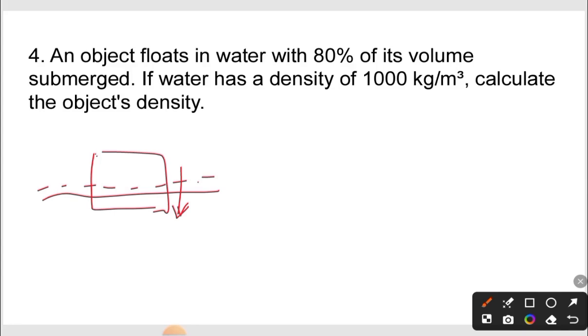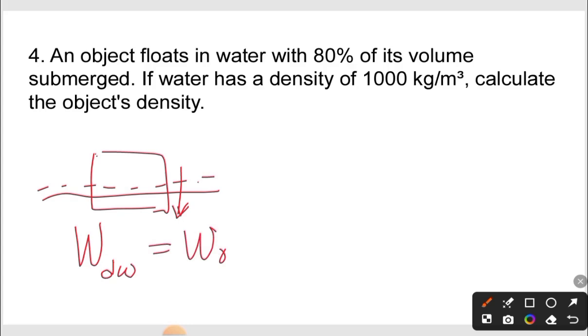It's as a result of the floating object. Now it means that the weight of the displaced water equals the weight of the object.